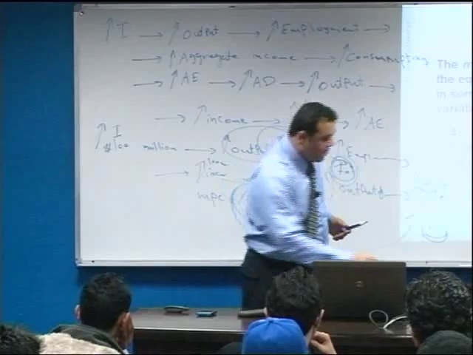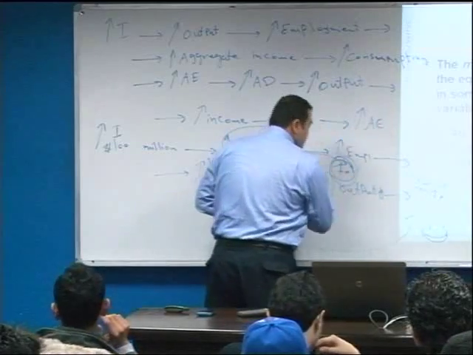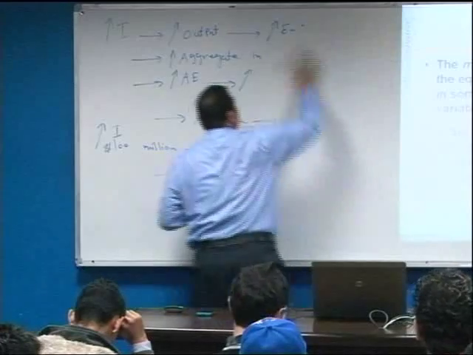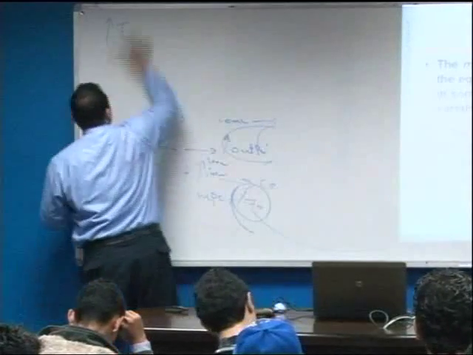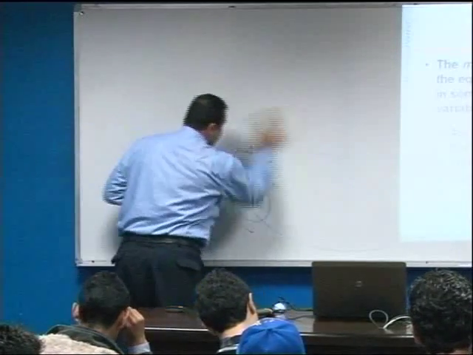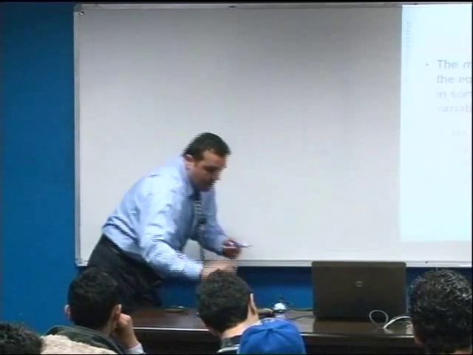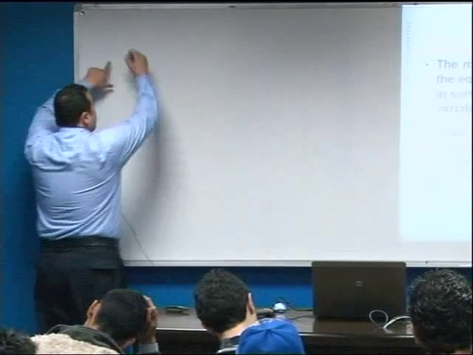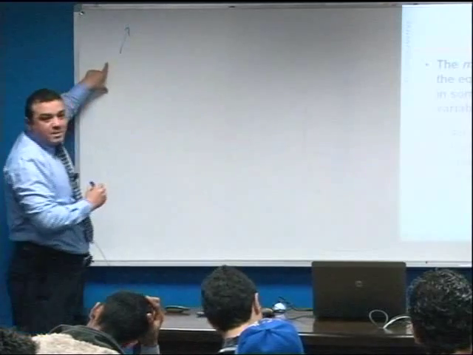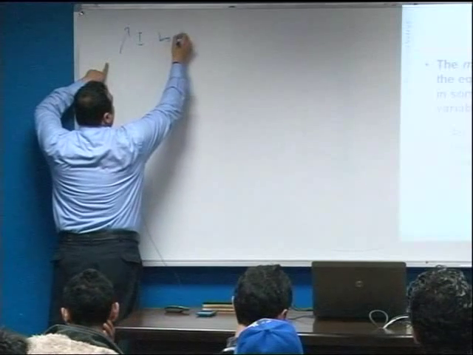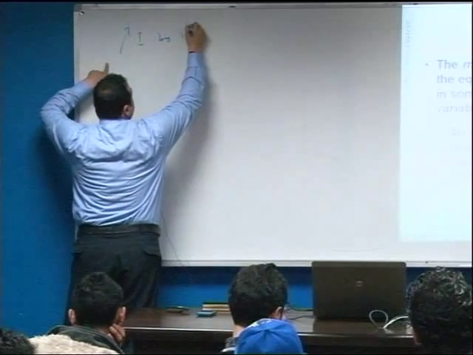Let's go to the formula to understand the concept once again. The multiplier. In this example that we have studied, we assume that the planned investment increased by $100 million. This is increasing of I by $100 million.